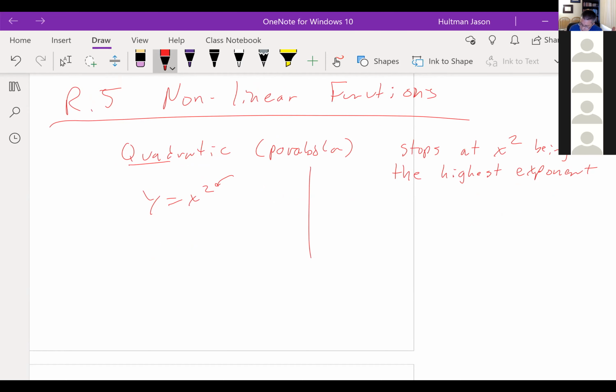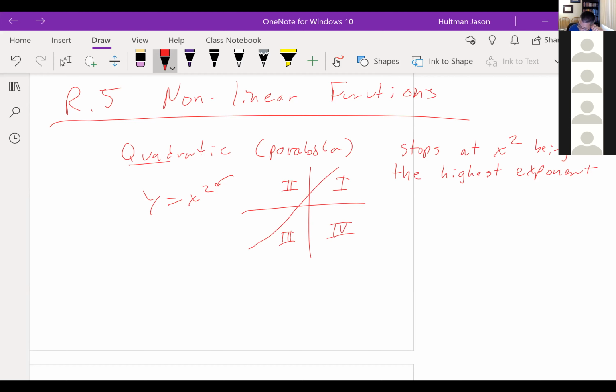Mathematicians just named this a quadratic because up until now, all you had was lines. And lines can only go through at most 3 quadrants. This is quadrant 1, quadrant 2, quadrant 3, and quadrant 4. Notice that a line can go through at most 3 quadrants.